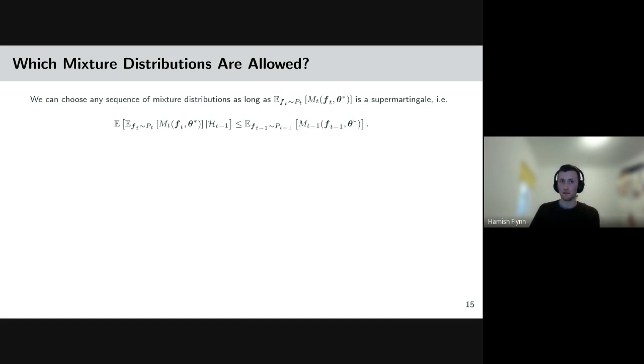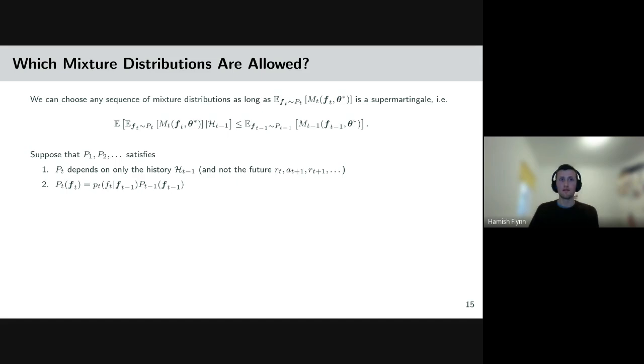And this just means that the conditional expectation of the current value has to be less than or equal to the previous value, as in this inequality. And since at each step t, we're placing a distribution on essentially a t-dimensional vector, we actually need to select a sequence of mixture distributions.